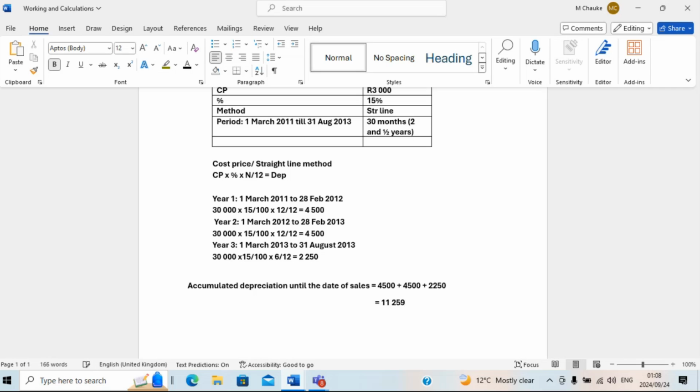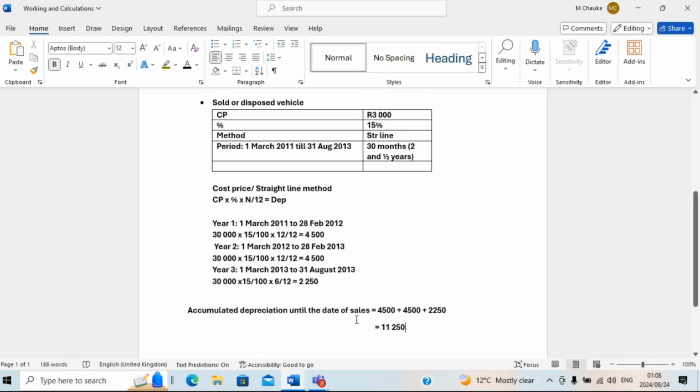This is the depreciation until the date of sales, right? We added year 1, year 2, and year 3.